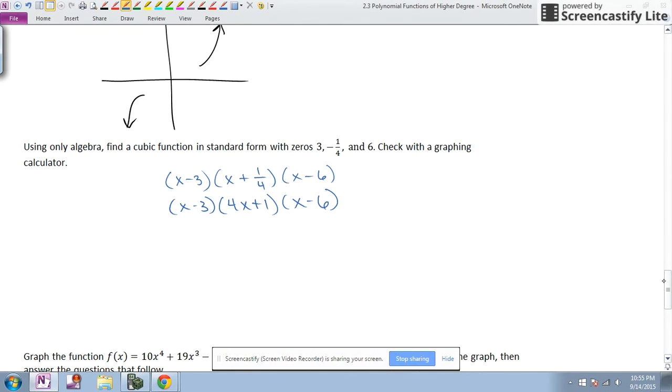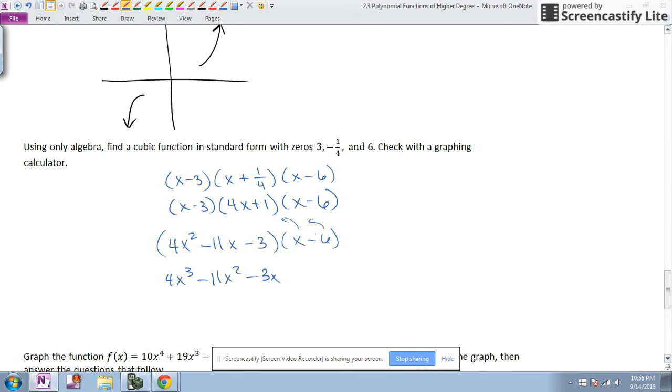So now I'm going to go ahead and just FOIL this out and make it all pretty. So let's FOIL first here. We get 4x squared, and then we have plus x, but minus 12x, so minus 11x minus 3 when I FOILed the first two. And now it's going to get a little grosser, but I'm going to distribute the x through, and I'm going to have 4x cubed minus 11x squared minus 3x.